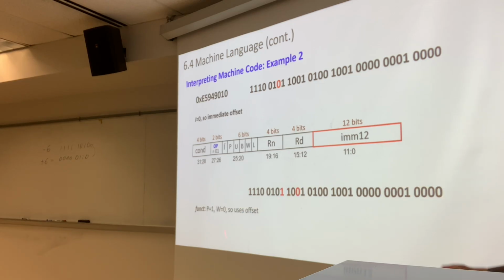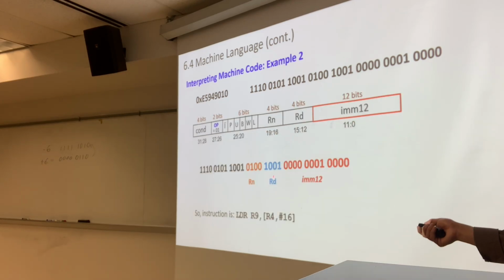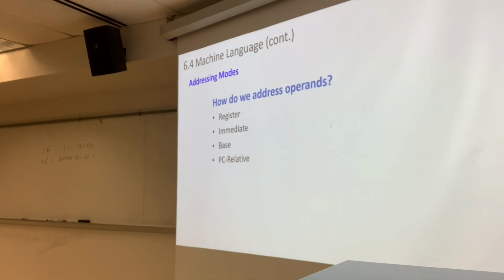And P and W are 1 and 0, which is an offset. Therefore, LDR, RD, RN, and positive 16. P equals 1, W equals 0. It is an offset format. So we have a bracket including RN and the number. Finally, RD is 9, RN is 4. So this is our instruction.